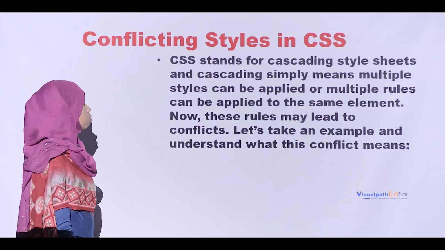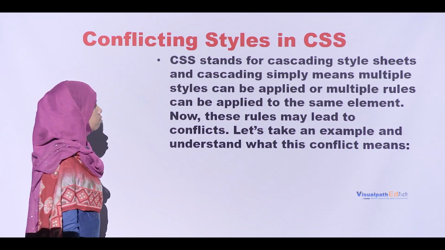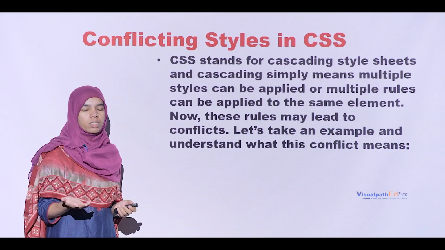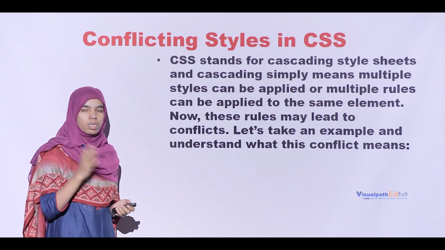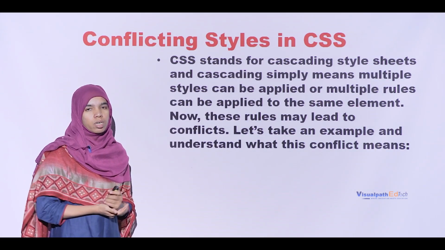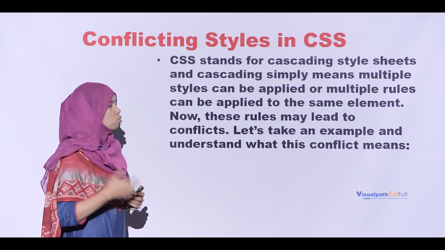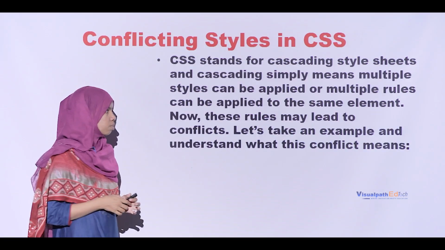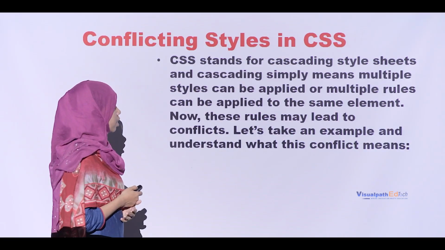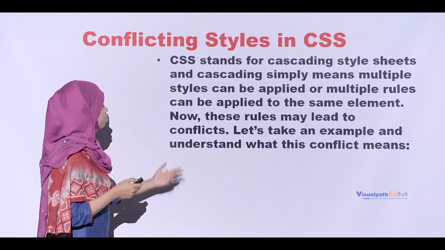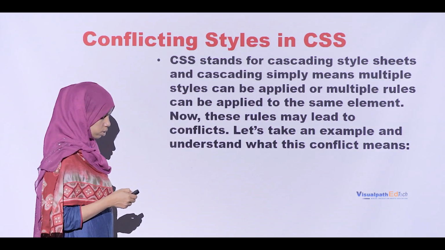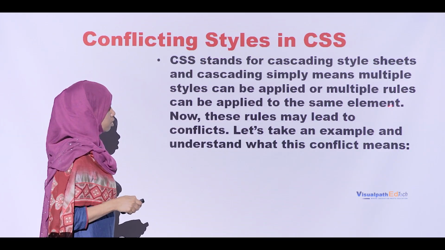Conflicting styles. What is meant by conflicting? As I told you, for cascading style sheets, when multiple styles are maintained for a single element, how do we select which one gets the first priority? Cascading style sheets simply means multiple styles or multiple rules can be applied to the same element.